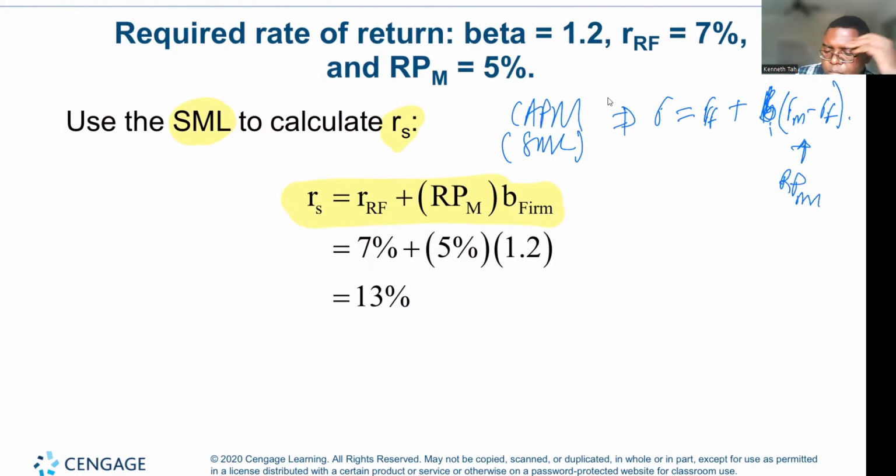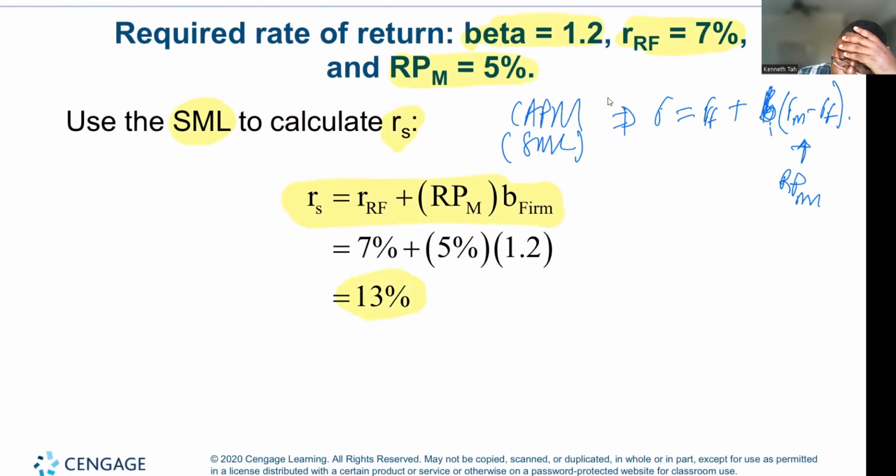All right. So in this case, if a company's beta coefficient is given as 1.2, the risk-free rate of return is given as 7%, and the market risk premium is given as 5%, then we can just substitute that to calculate the required rate of return.